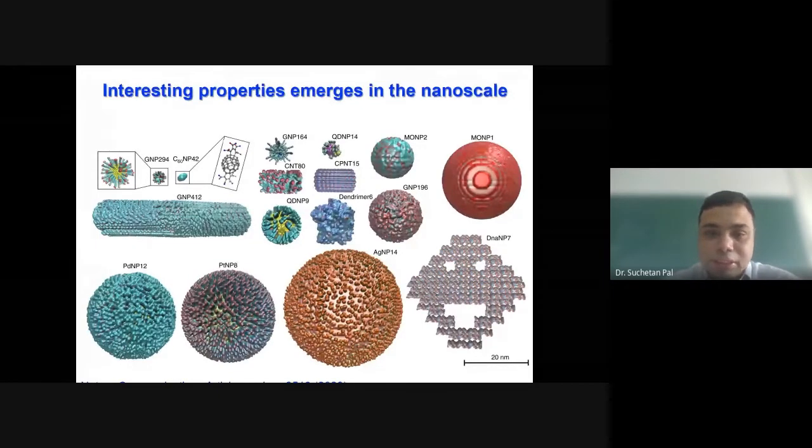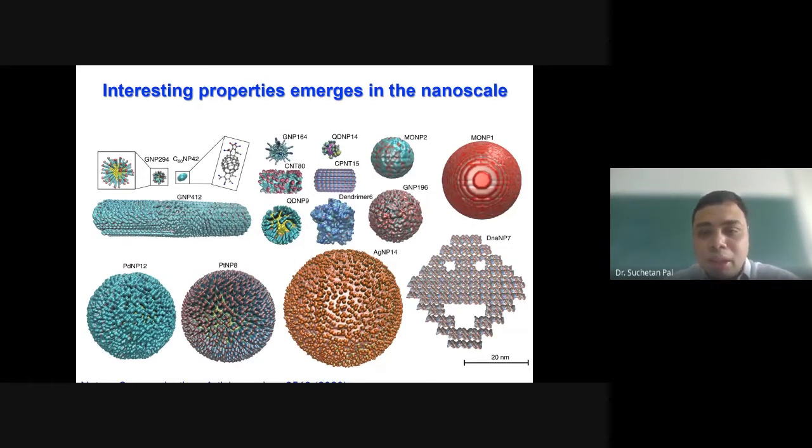So the diameter of each of these objects is below 20 nanometer. And then you can develop chemistry to have palladium nanoparticle, platinum nanoparticle, silver nanoparticle, gold nanoparticle, or polymer nanoparticle, DNA nanoparticle, something like that.